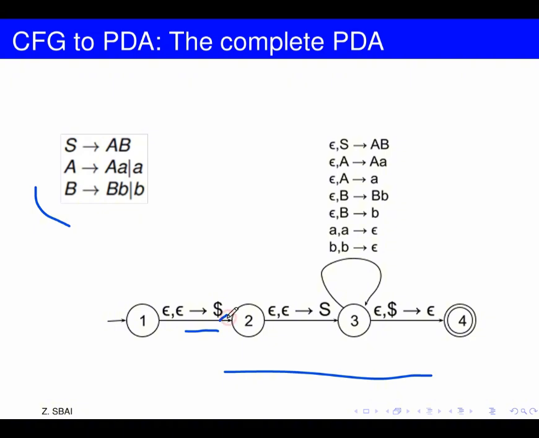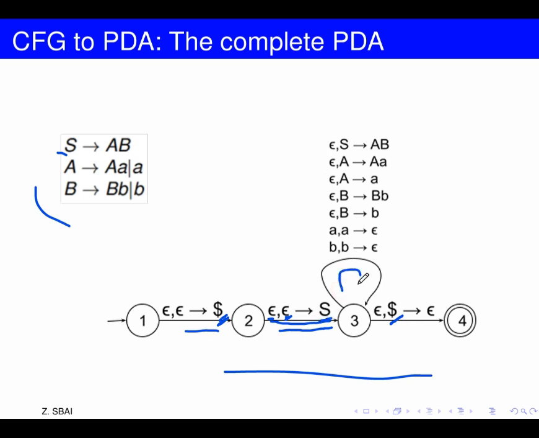So it will be pushed in the beginning, and at the end, before accepting, we should find this symbol on top of the stack. Then we will push the start symbol of the grammar. Here the start symbol is S, so epsilon, epsilon, S means that we will not read any symbol of the input, we will not pop any symbol of the stack, but we will push the symbol S.